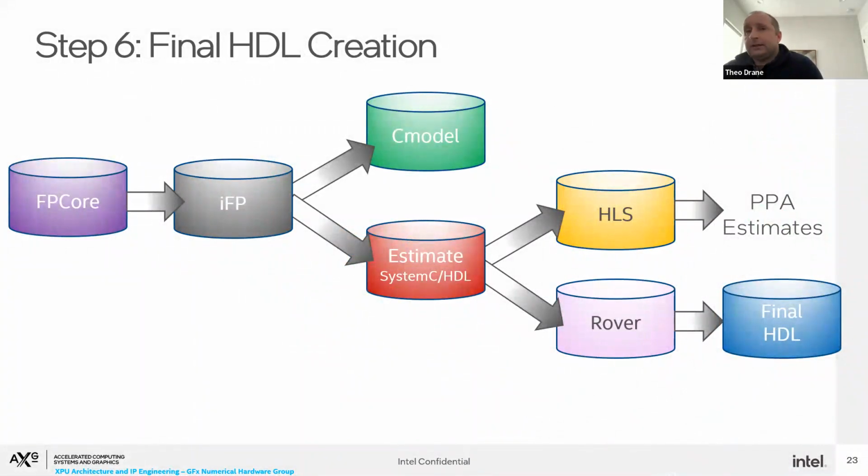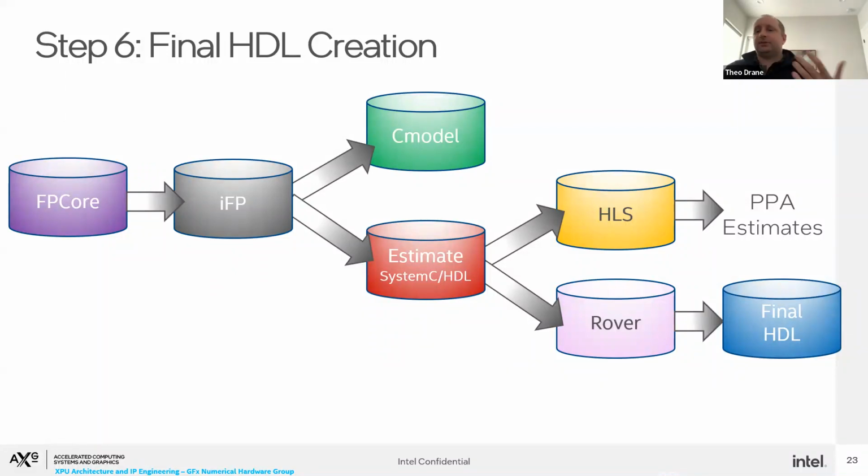And then finally, highly optimized HDL creation. Part of that collaboration, the Intel Imperial collaboration, is around this tool called Rover, which its ultimate goal is to take behavioral HDL and do large design space exploration and produce optimized HDL.